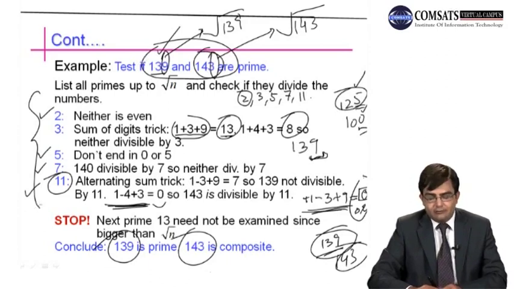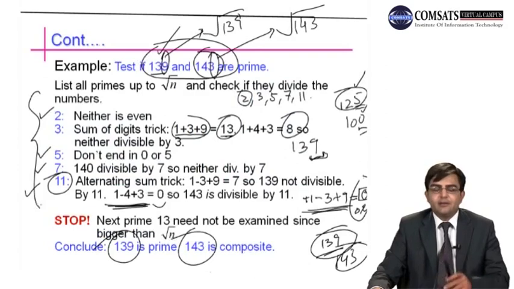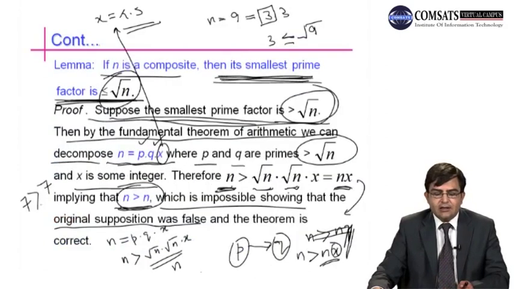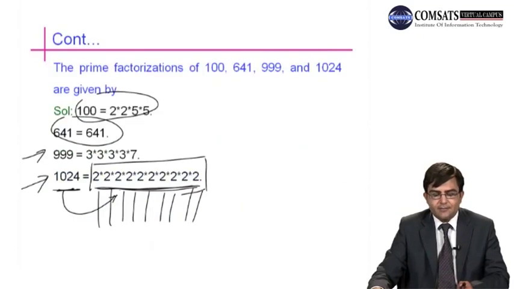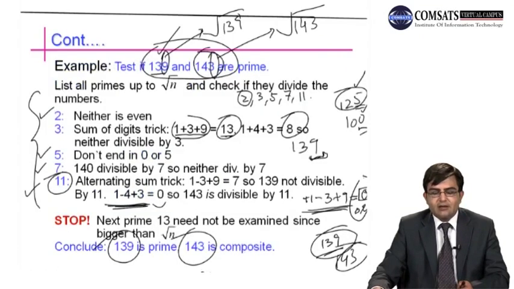So the number 143 is a composite number. This is how we can use this result and the fundamental theorem of arithmetic to check whether a given number is prime or not.